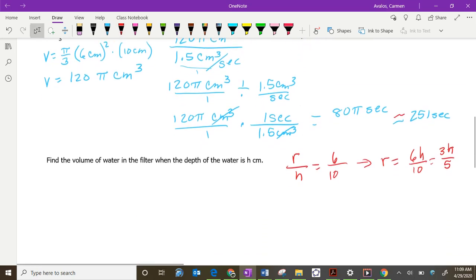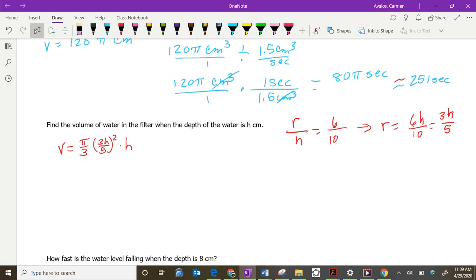So the volume here, in terms of H, is going to be V is equal to pi over 3. And now we're going to put in the R squared, which is 3H over 5 squared times H. And so when you solve for it, you're going to get V is equal to 9 pi over 75 H cubed.